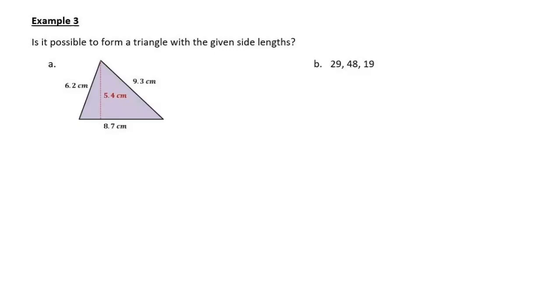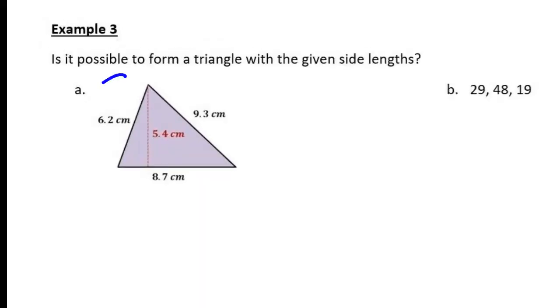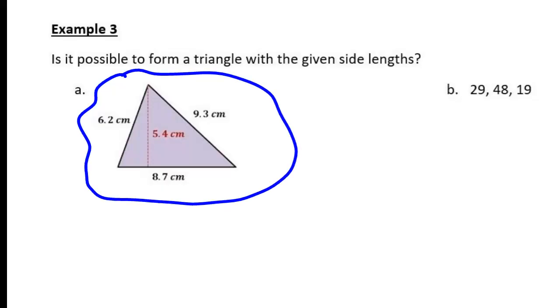It says, is it possible to form a triangle with the given side lengths? I want to see your work. Show me that you added the 2 smallest sides together and compared it to the third side before you just tell me yes or no. So you do need to give a yes or a no, but I also need to see the work that justifies that answer.